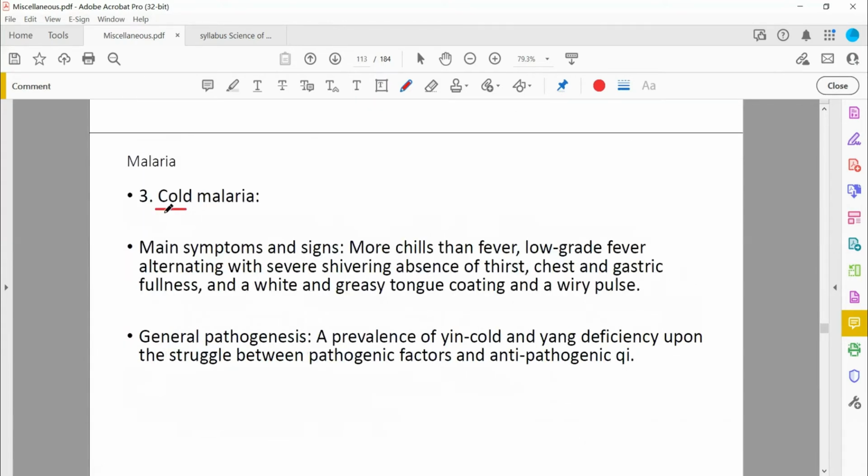So the third one is cold malaria. More chills than fever, low-grade fever alternating with severe shivering, absence of thirst, chest and gastric fullness, and a white, greasy coating and very pulse. So no thirst, more chills. There's a fever, but the fever is low grade.